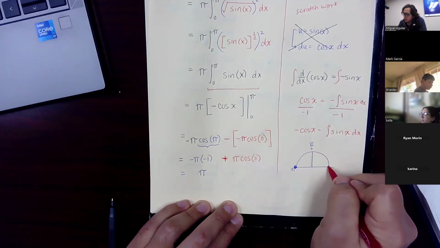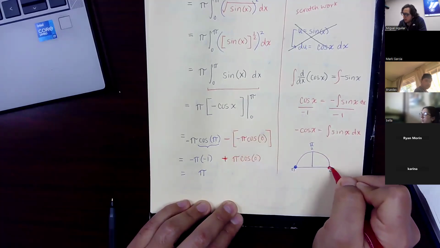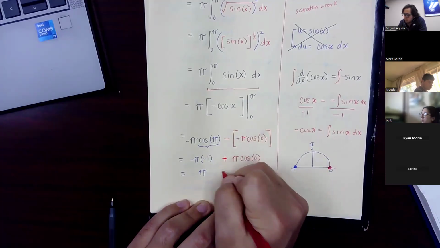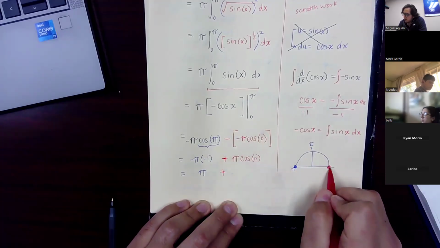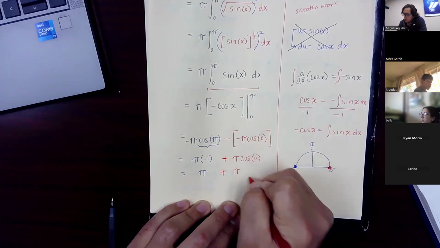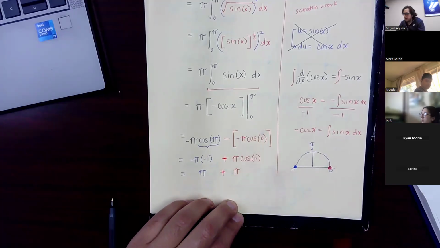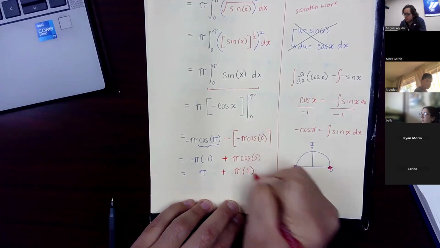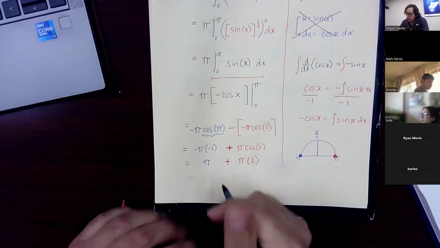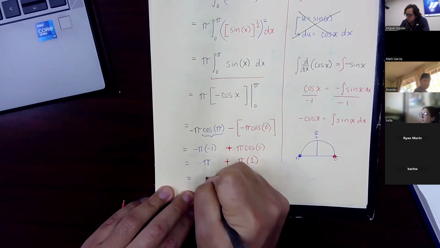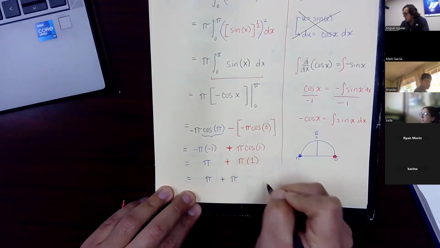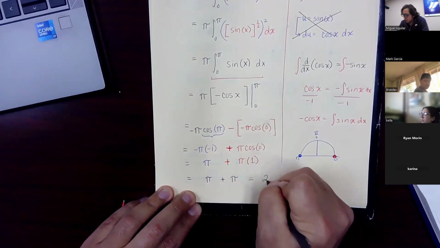And so if we're over at this point here, the cosine is going to be +1. It's going to be plus pi times 1, which is just pi. Okay, maybe I'll put that in here, pi times 1. So pi plus pi in the end is just 2 pi.